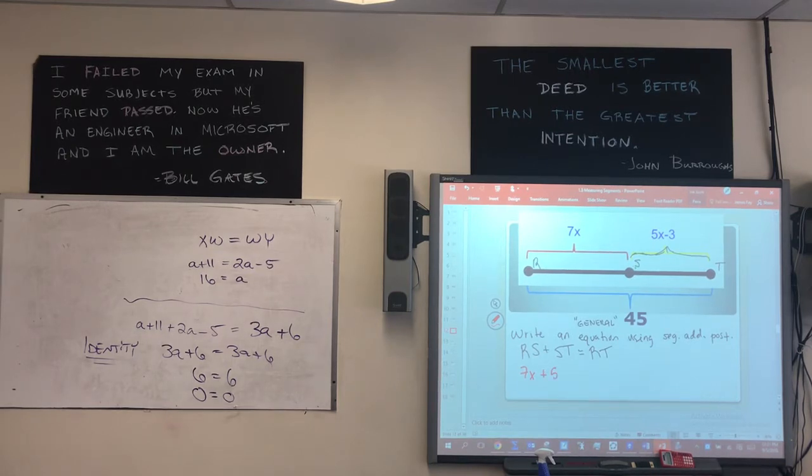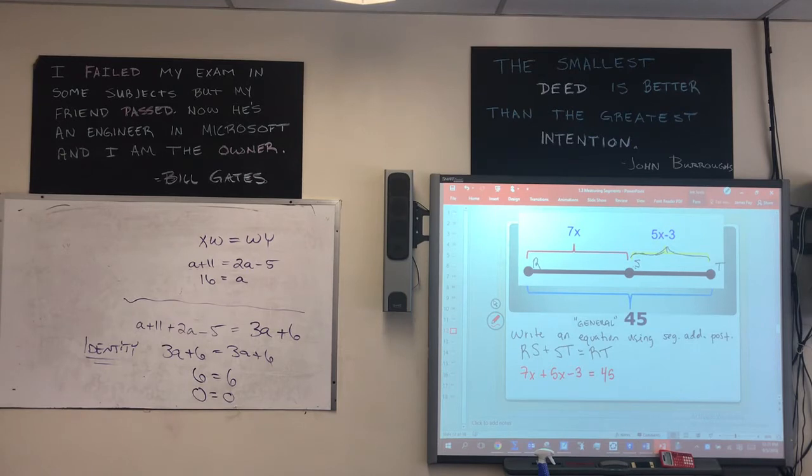Good, 5x minus 3. We've made those substitutions. Now we're going to make the substitution for RT. 45, right? Okay. So again, it's a little bit of algebra substituting, but now we've got to go through the algebra skills that we learned last year to validate whether I've done the geometry right.